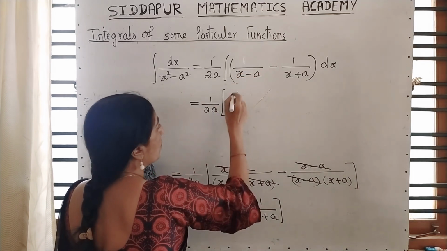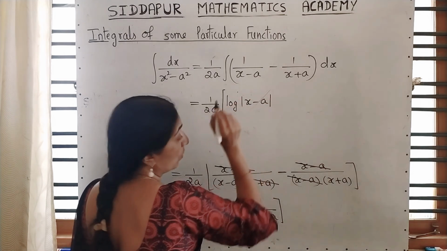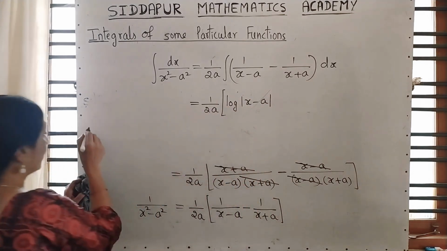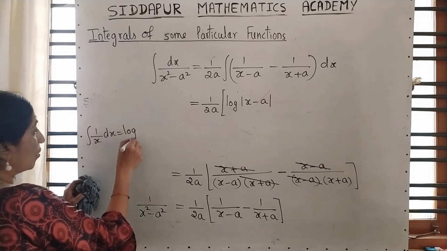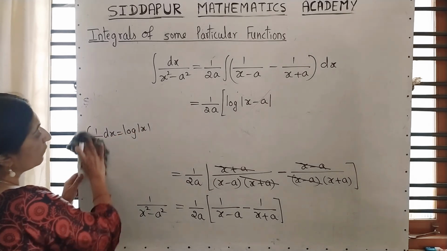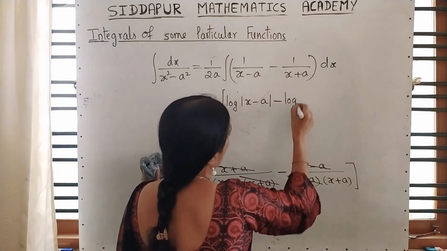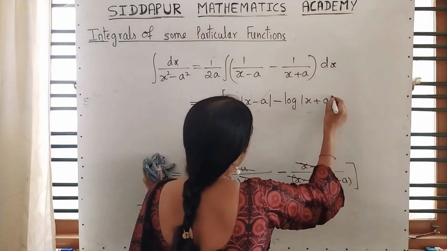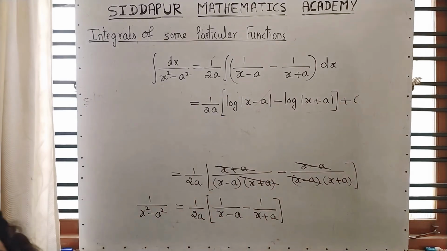Integration of 1 upon x minus a is log of x minus a, because you are familiar with integration of 1 by x is log of mod x. Applying the same formula there. And in the middle we have a minus, log of x plus a, plus c. After integration we have to write plus c.